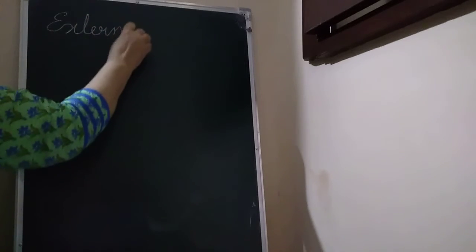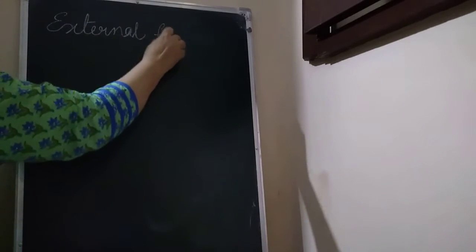Now do you know what this term fertilization means, children? There are various methods by which fertilization takes place in the living world, that is external and internal fertilization, children.